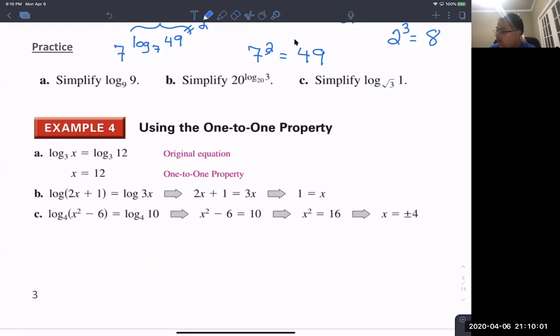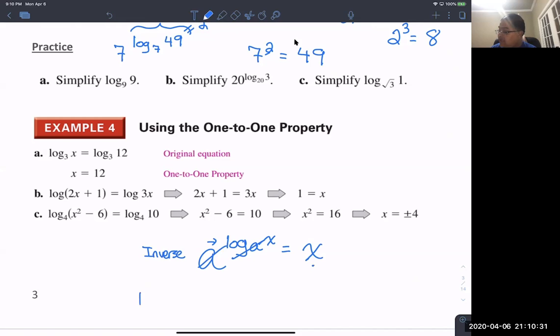A to the log base a of x is just x. Because taking the exponent and taking the logarithm are inverse properties. They undo one another, so that's what leaves you with x.